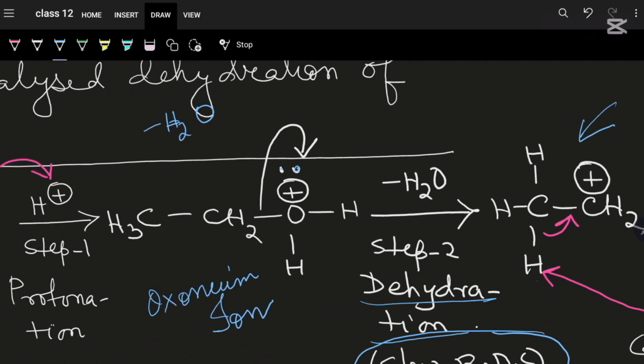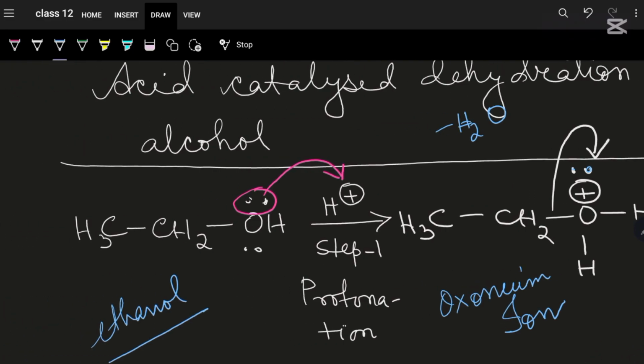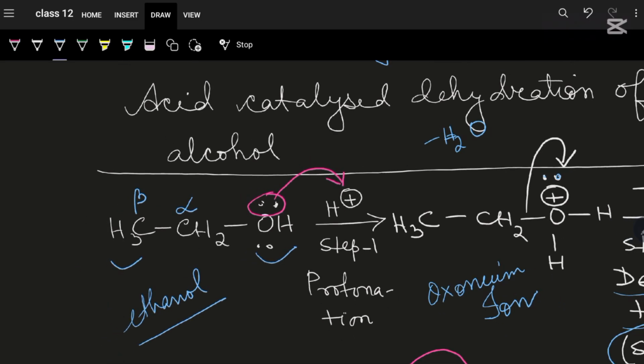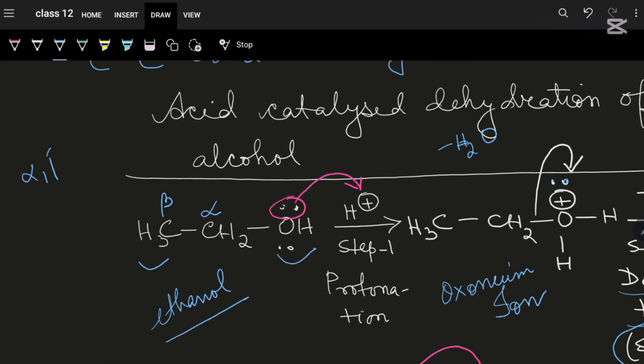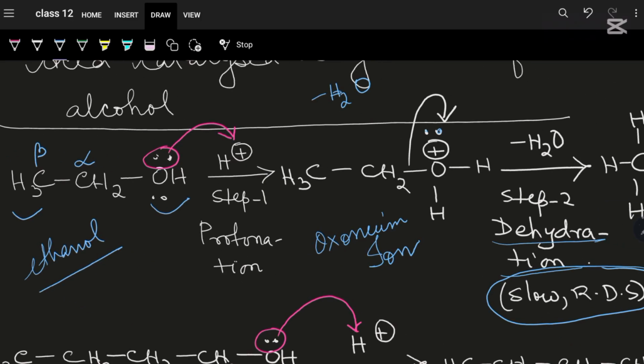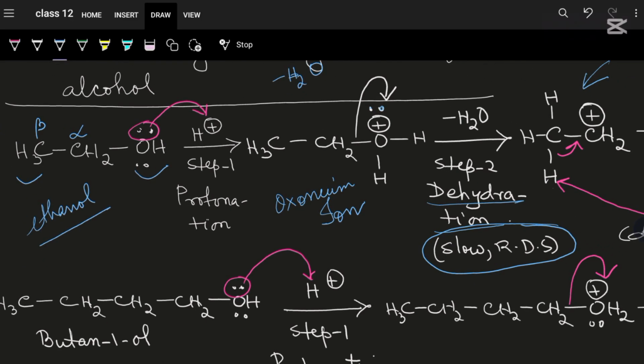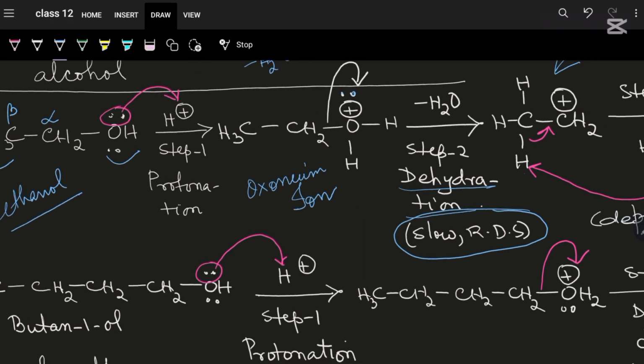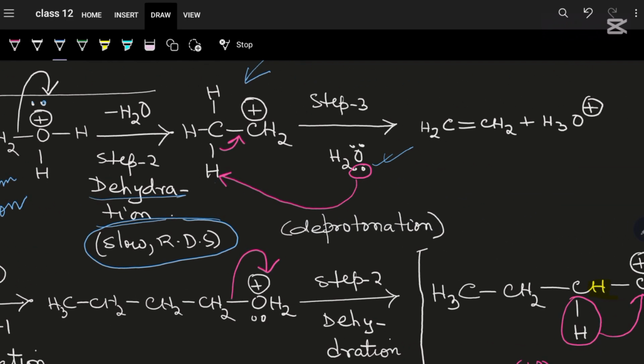So basically we can see that there is removal of OH from alpha and H from beta, and it is alpha beta elimination of OH and H in order to get an unsaturated compound, getting unsaturation between the alpha and the beta carbon.